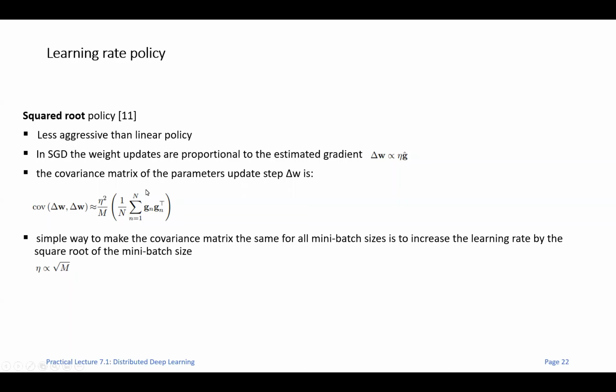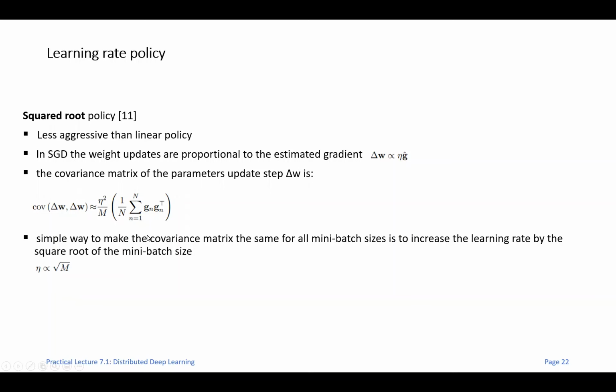It tries to keep this covariance matrix of the weights consistent independently from the batch size that you are using. Given that you have this formula that comes from this paper, they have computed it; there is math behind it if you are interested.